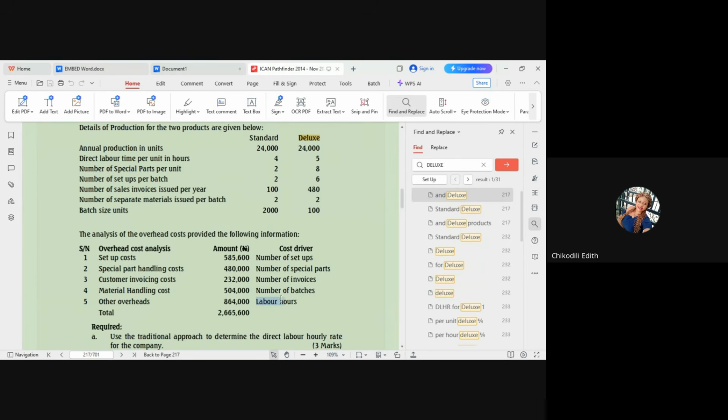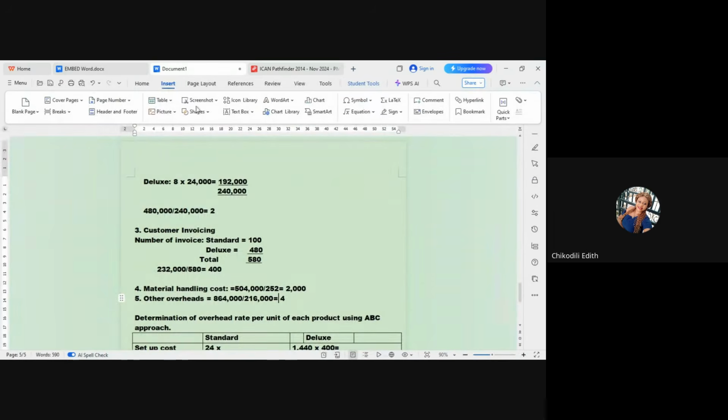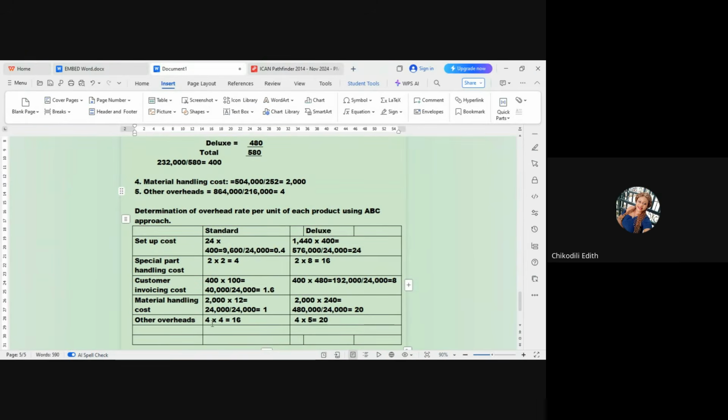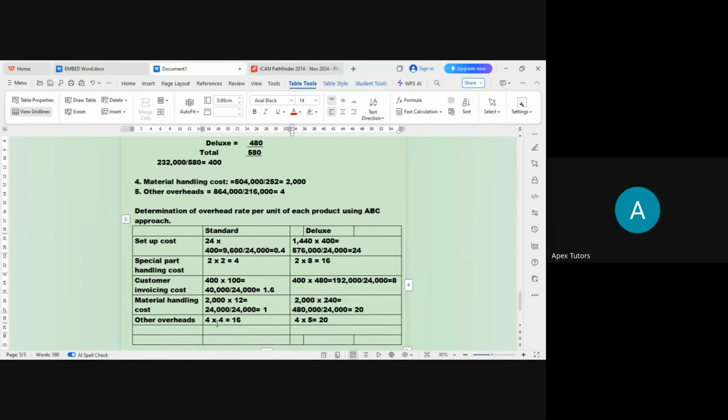To produce 1 unit, how many hours do you need for standard? 4. To produce the loss, how many hours do you need for 1 unit? 5. 6. 4 times 4, 16. 4 times 5, 20. That is how we arrive at this.